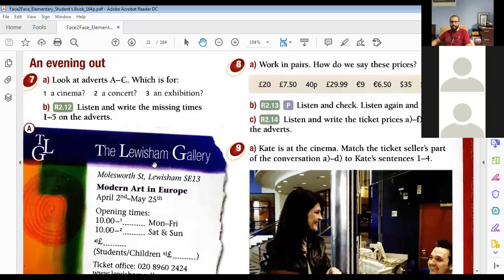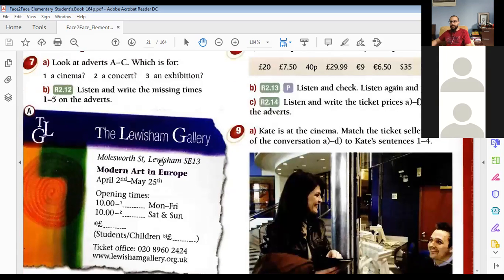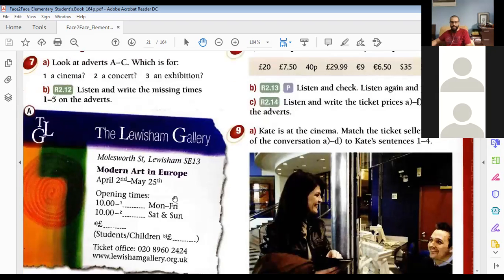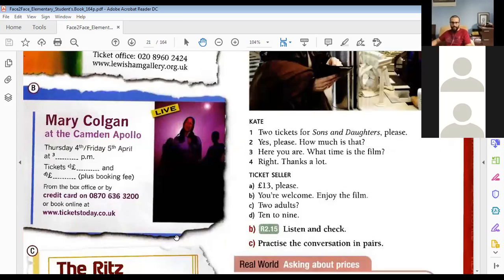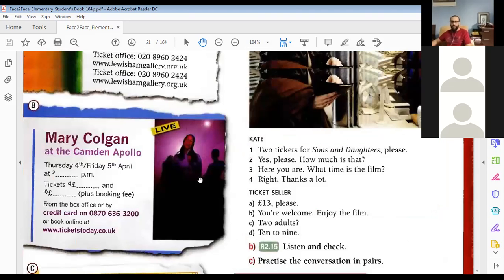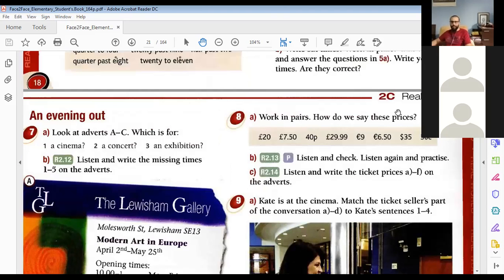We will listen again, but this time we also want to write the prices. The tickets for the exhibition, we want to write the price, and also the tickets for the concert, and the ticket for the cinema, for the 2 films. So we are going to learn how to talk about prices.